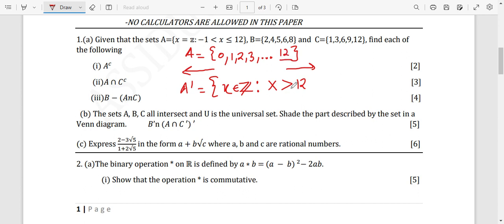If I wanted to say greater than or equal to 13, it is the same thing, since it's an integer. And also x is less than 0. We are not including 0. I could have said less than or equal to -1. It is the same thing since it's an integer. So this is A complement.